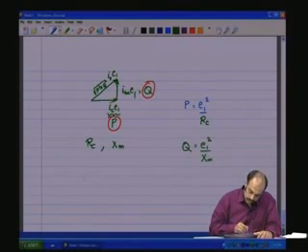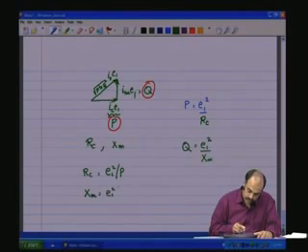So therefore, you have RC which is equal to E1 square by P, and you have XM which is equal to E1 square by Q.